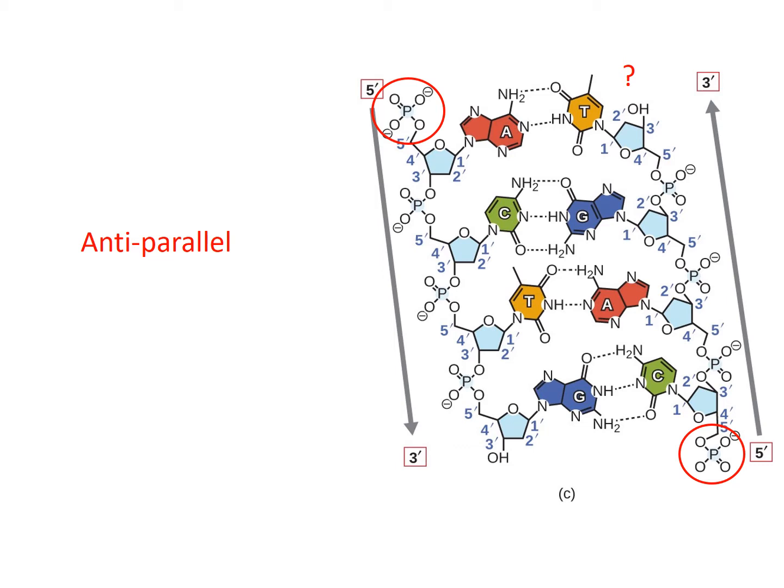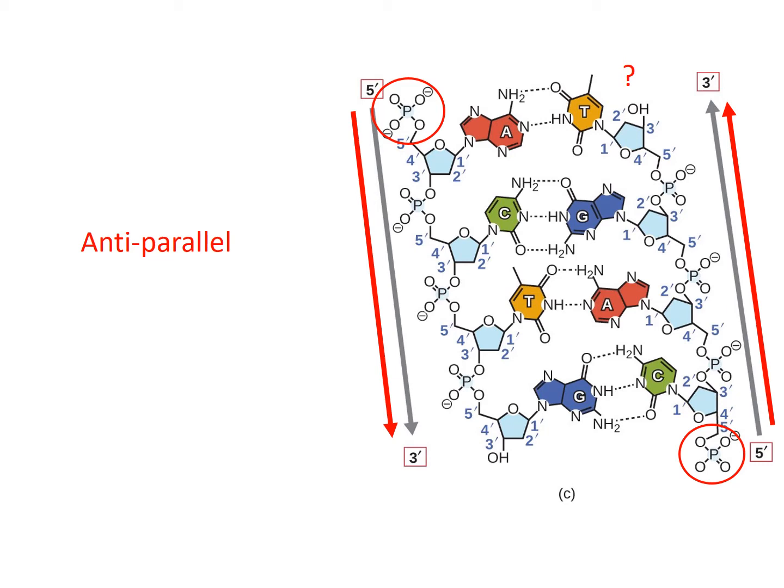And the arrows here, the gray arrows, and here I'm highlighting them in red, notice it goes 5' to 3', top to bottom on this side of the DNA, but on the opposite strand, it's going in the opposite direction. It's this opposite 5' to 3' orientation that is described with the word antiparallel.